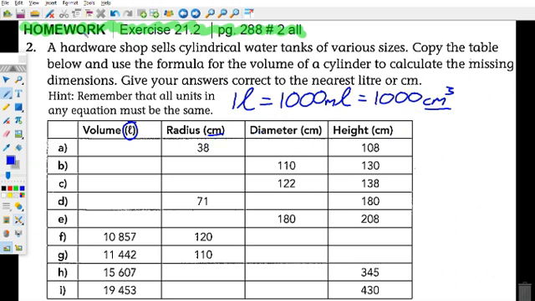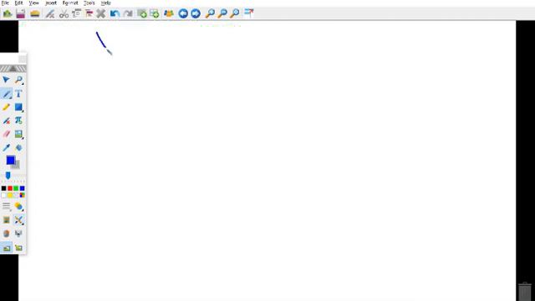Now, for this formula, they want the formula for the volume of a cylinder. Let's just copy it over. The volume of a cylinder, remember we say it's a base area multiplied by my height.